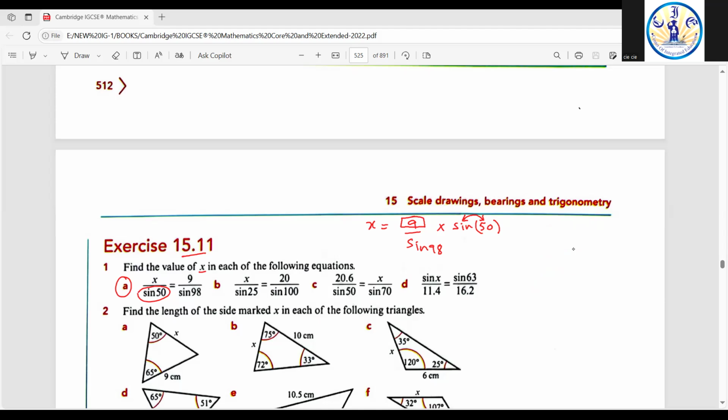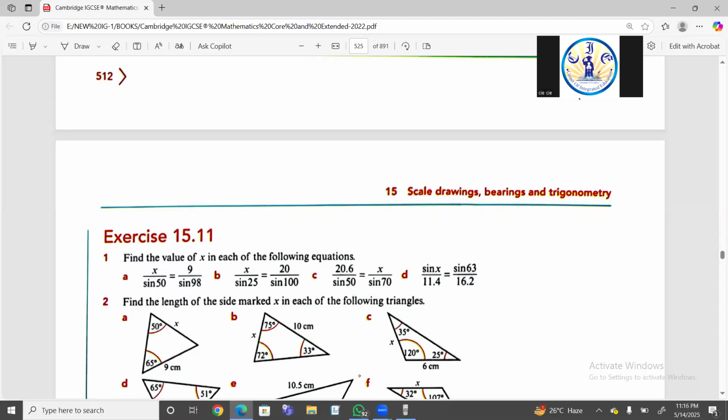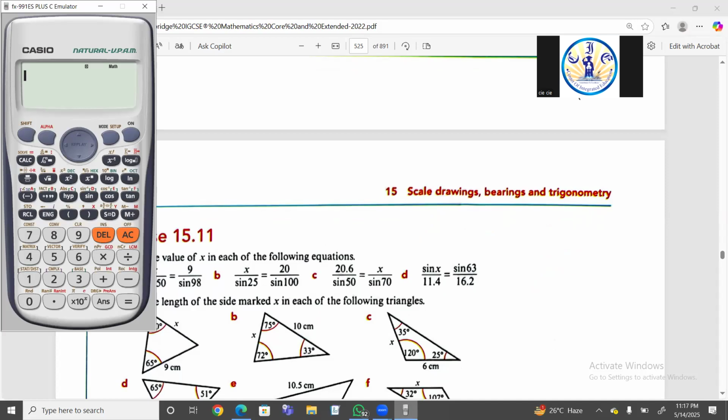Okay, now if I use the calculator for this, it's better to use the fraction key: 9 times sine 50, and then in the denominator sine 98.